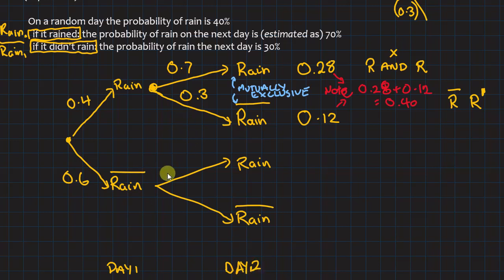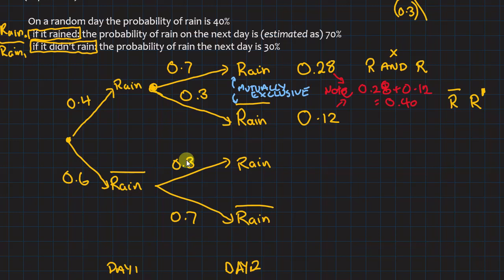So what's the probability? If it didn't rain, the probability of rain the next day is 30%, 0.3, 0.7. These don't have to reflect that. This could easily be 0.4, 0.6. The reason this is needed is to make this probability remain true: that a completely random day in the year has a probability of raining 0.4.